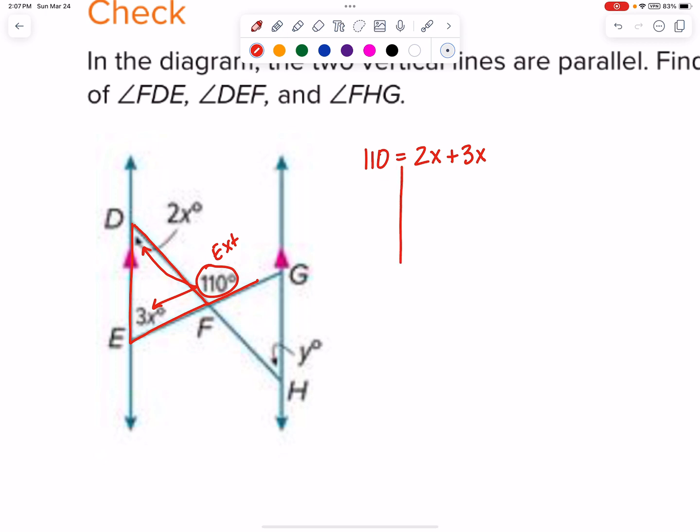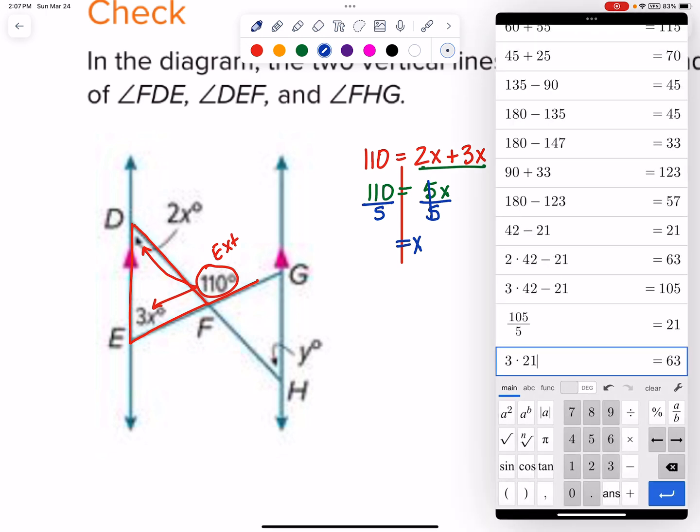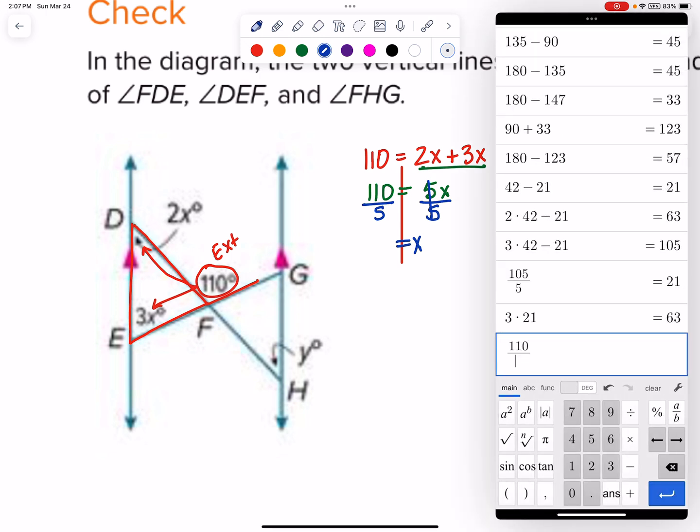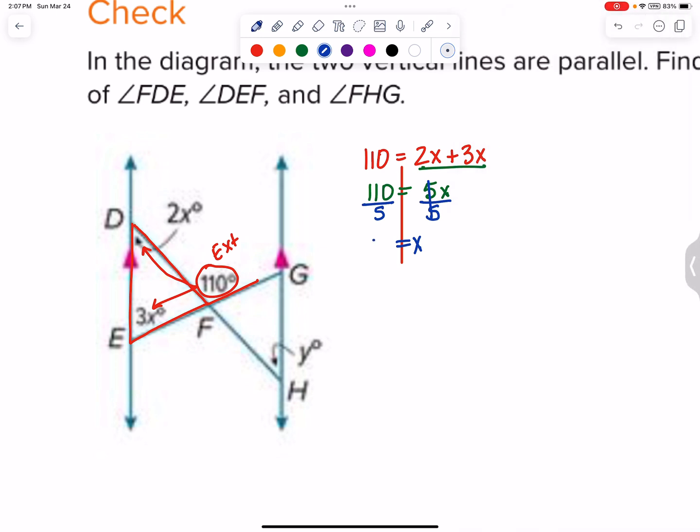Let's go ahead and solve. We can combine our like terms, the 2x and the 3x, and that equals 5x equals 110. Then we can isolate the variable by dividing both sides by 5, and we get x equals 110 divided by 5, which is 22. So now we've solved that x is 22.